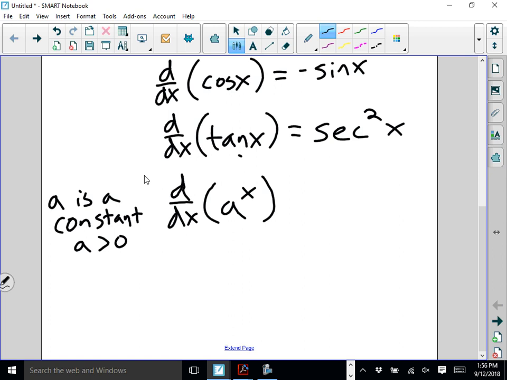So a is some positive constant here. When we have the derivative of a to the x, we get itself back. We get a to the x multiplied by a number. And that number that we multiply by is the natural log of a. So the derivative of a to the x is simply a to the x times ln a.